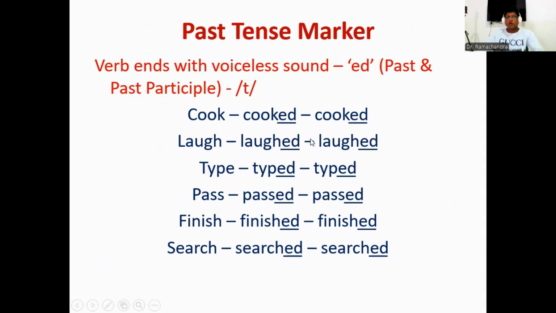So it's not cook-ed with a d sound. Wrong. Cook, cooked, cooked, because the verb ends with a voiceless sound. When you add ed in the past tense and past participle, the ed becomes t, not d.